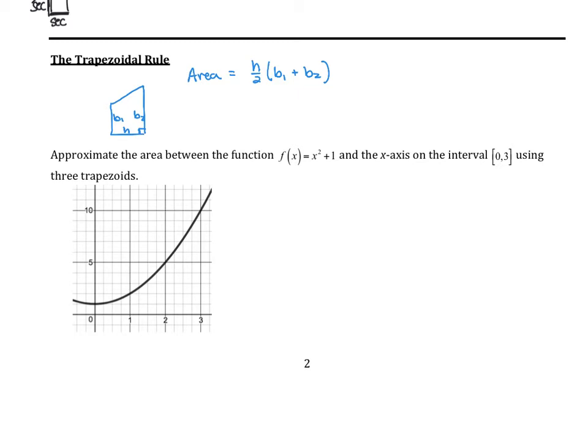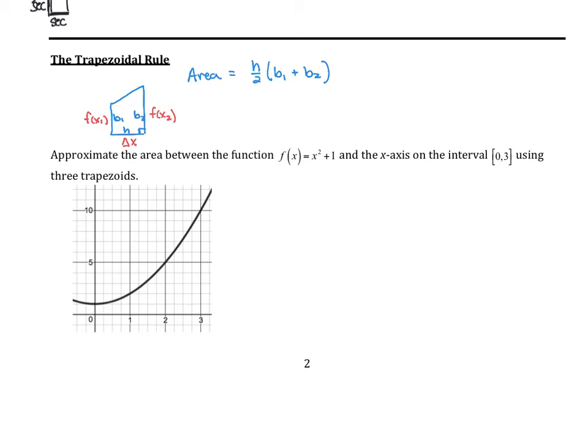Now, if we're looking at this in relationship to a graph, then this height is actually that delta x. It's that tiny little width that we're using. And then b1 would be f of our first x term, and b2 would be f of our next x term, keeping in mind that those could keep shifting up as we keep moving our trapezoids up the x-axis.